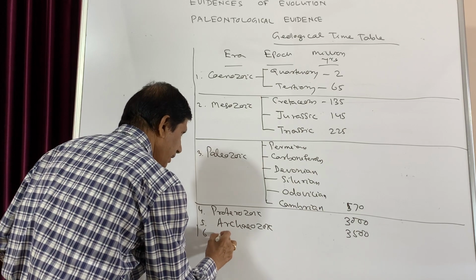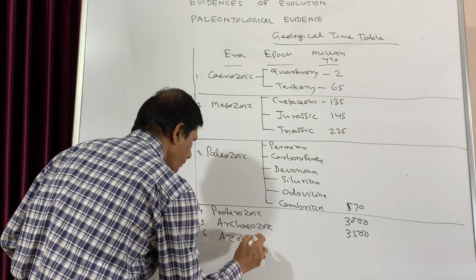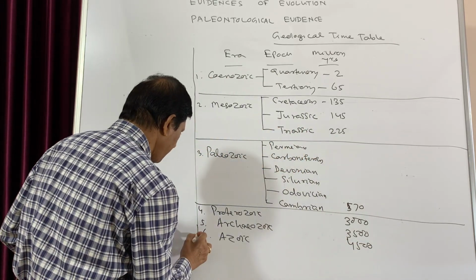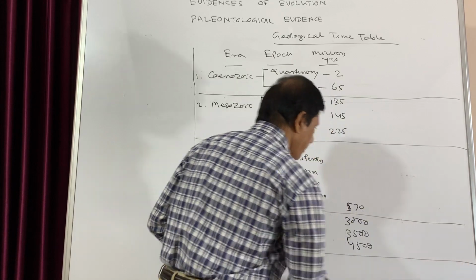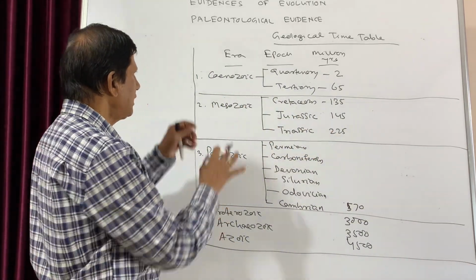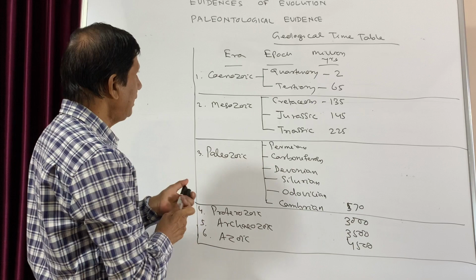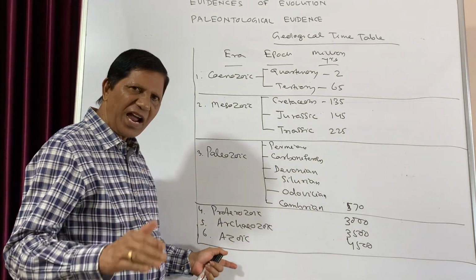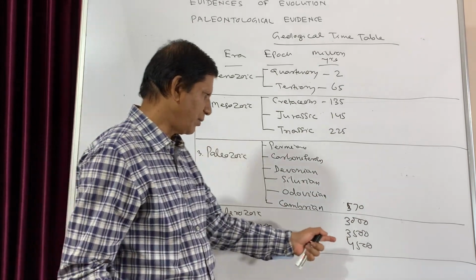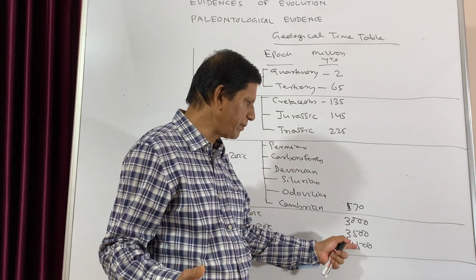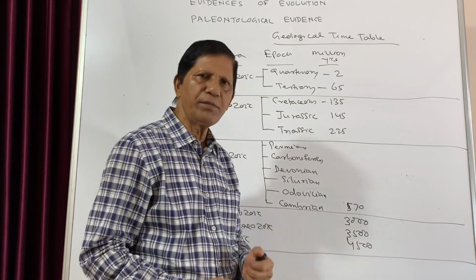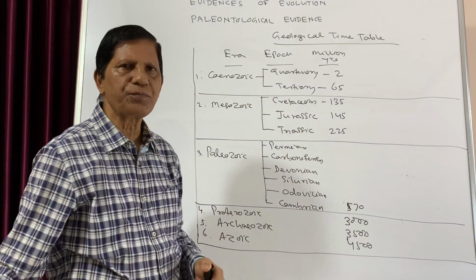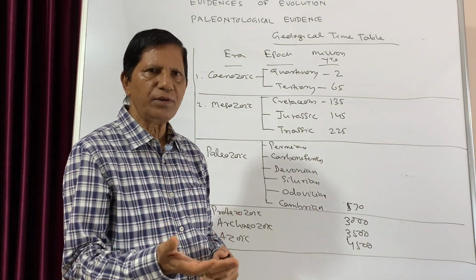And the last one is Azoic, that is 4500 million years back, or you can say 4.5 billion years back. So this is the geological time scale. That means after the origin of Earth, we know that the Earth originated 4.5 billion years or 4500 million years back. So from that time till the present time, how the different fossils have been formed, that we will discuss.